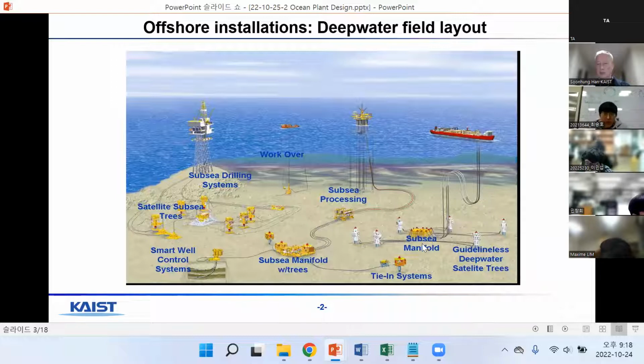Each well has a Christmas tree, shown here in white. Each Christmas tree has one hole, and from each hole a pipeline goes into the manifold to make a bigger pipeline, and then goes to the surface. It is a typical line layout.